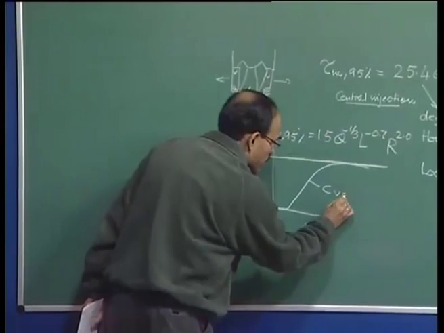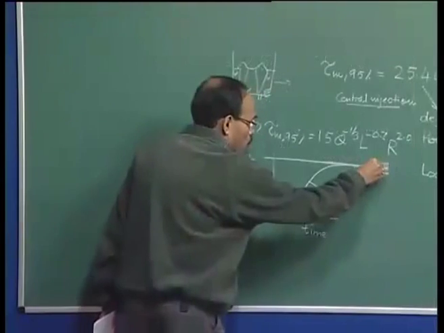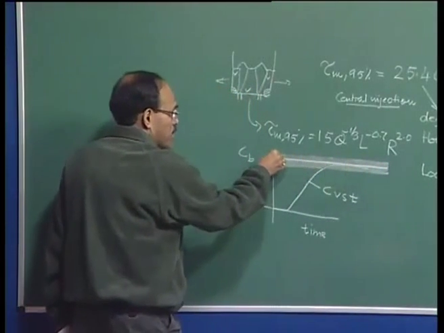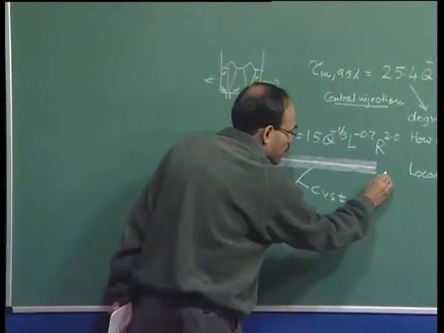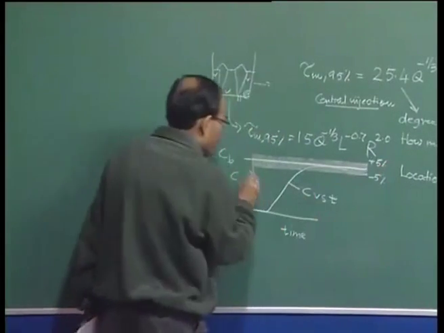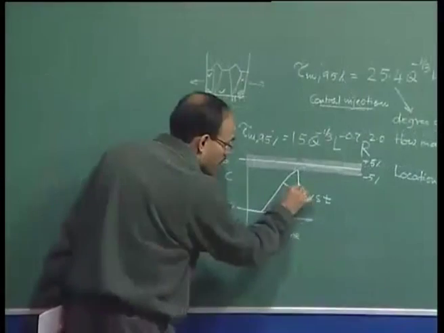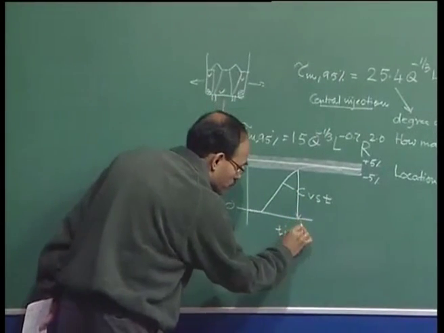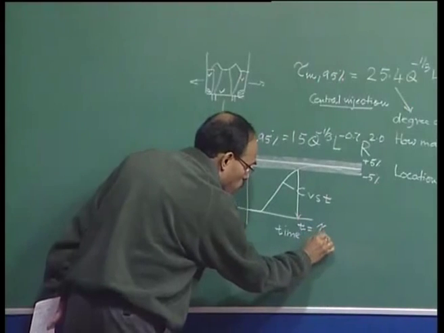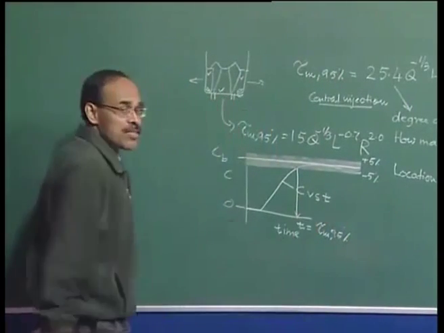So, the concentration of niobium versus time. If I draw a band which is plus minus 5%, so this is minus 5% and this is plus 5% of Cb, then I can say that this is the time that corresponds to 95% mixing grade.